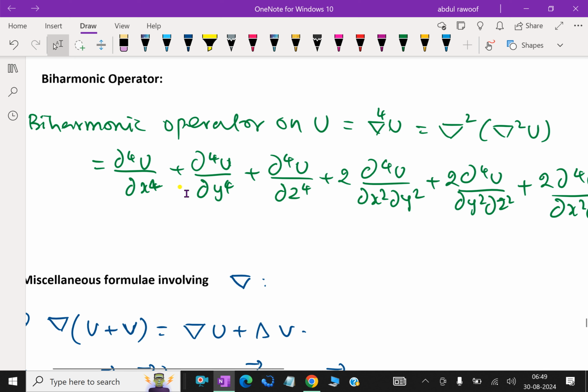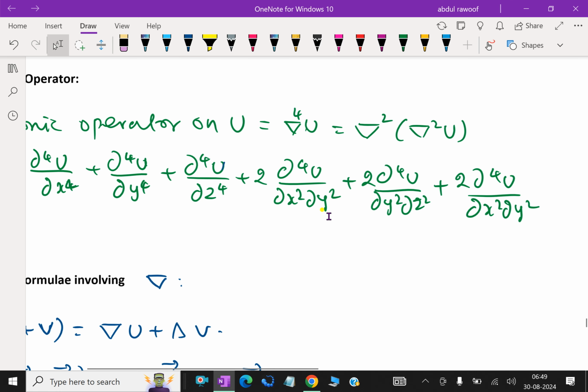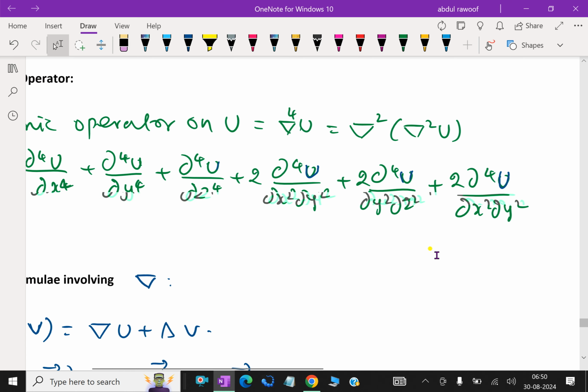Then it is expanded: dou power 4 u over dou x power 4 plus dou power 4 u by dou y power 4, that is fourth derivative, plus dou power 4 u over dou z power 4 plus 2 into dou power 4 u over dou x square dou y square, then 2 into dou power 4 u over dou y square dou z square plus 2 dou power 4 u over dou z square dou x square.